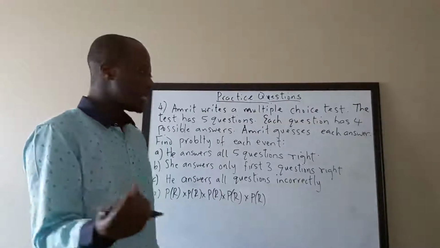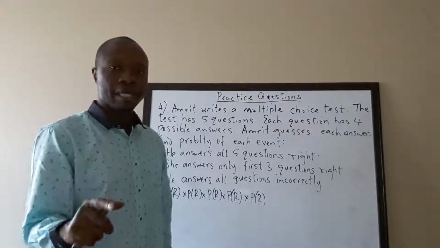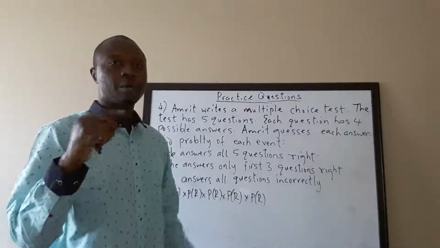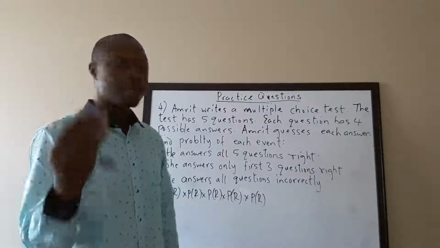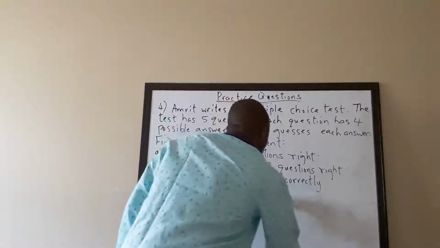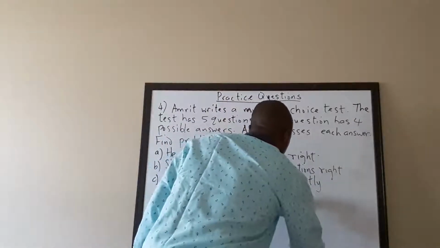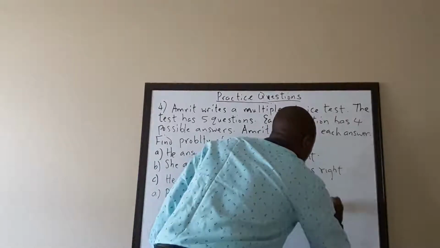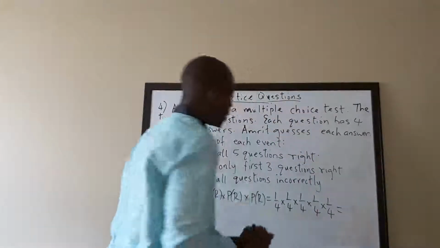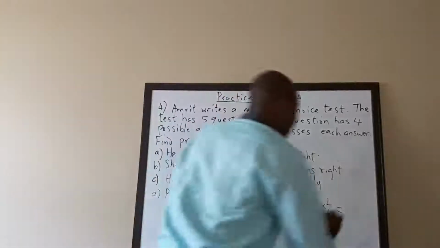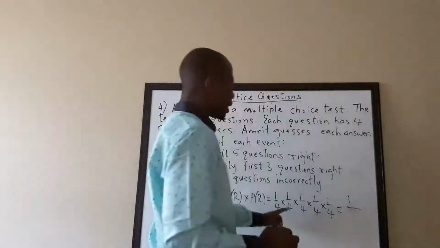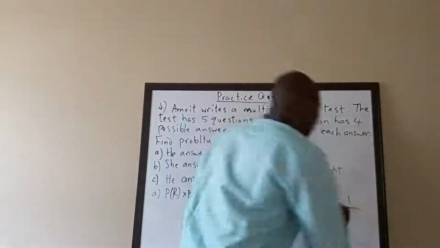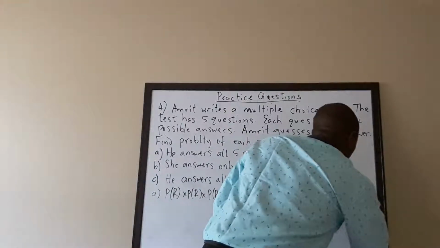So the chance of picking the one that is right is just 1, and the total possibility is 4. So 1 over 4 times 1 over 4 times 1 over 4 times 1 over 4 times 1 over 4. The top is multiplying 1, you get 1. The bottom is 4 times 4 times 4 times 4 times 4, which is 1024.